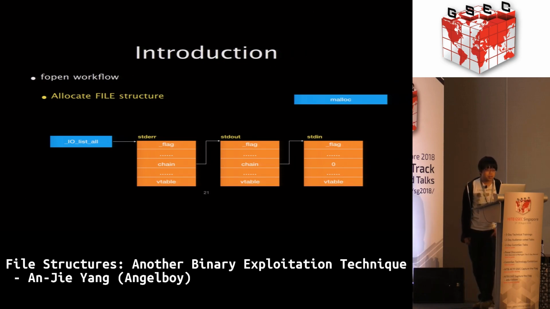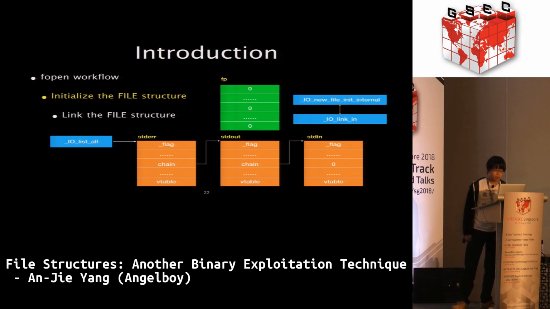First of all, Glibc will allocate a memory space for the file structure when you call fopen. Then it will initialize elements in the file structure, such as flags and the virtual function table.